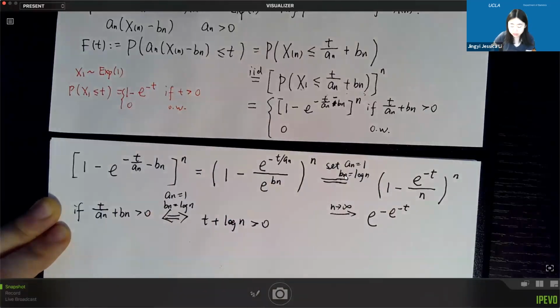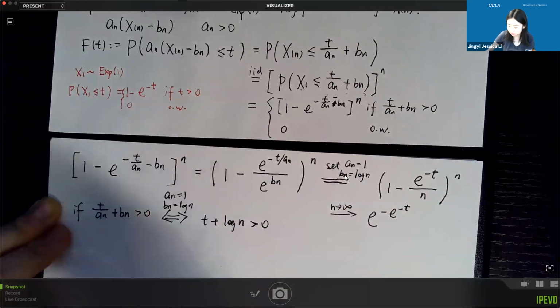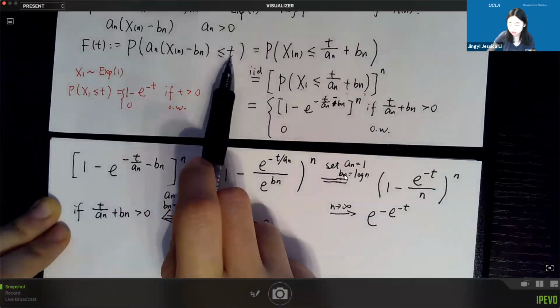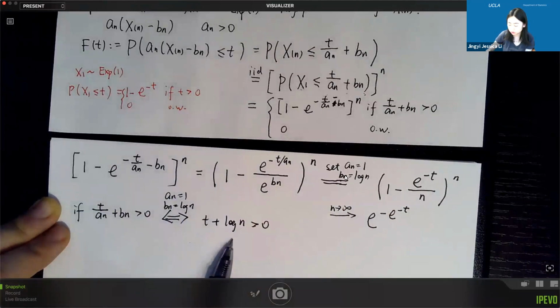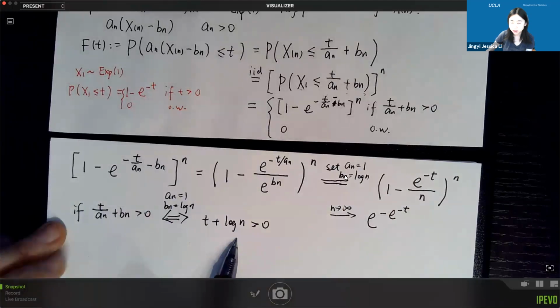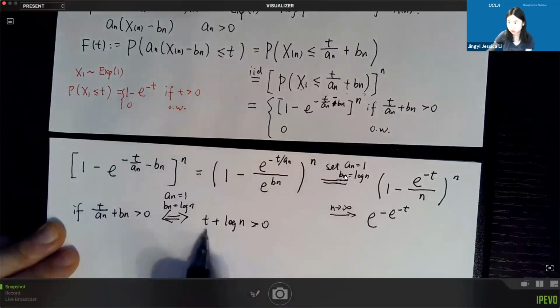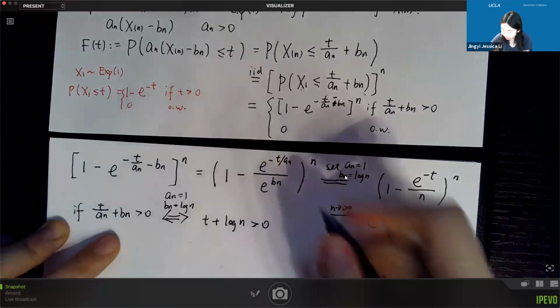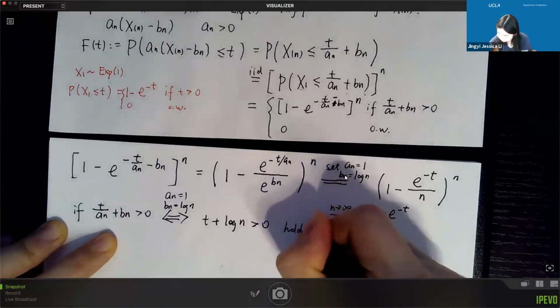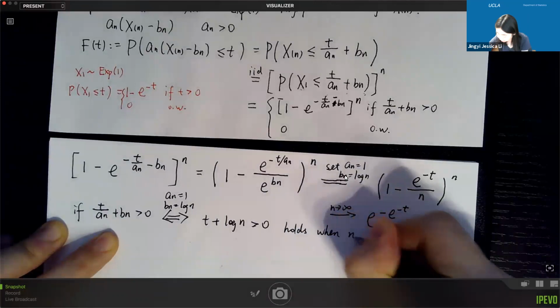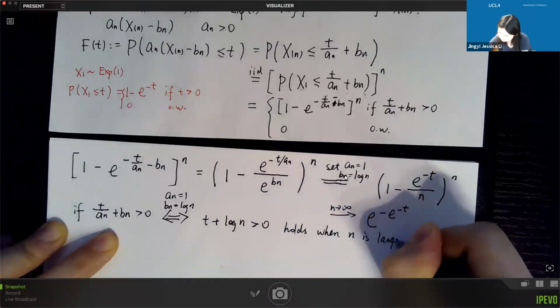And now you see, this would for sure hold for n being large enough, because here the argument is that t is a constant. It can be positive, it can be negative, but it's prefixed. And then we want to talk about the asymptotics by having n go to infinity when t is fixed. So we can always find such an n to have this hold when n is large enough, right?